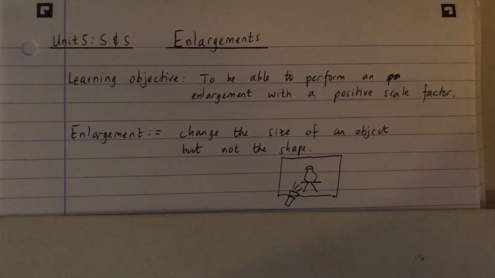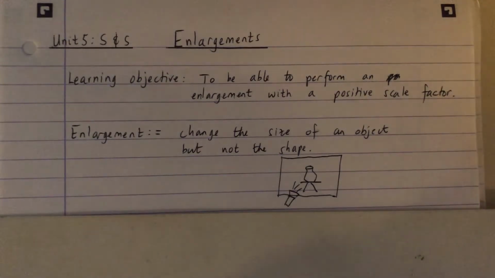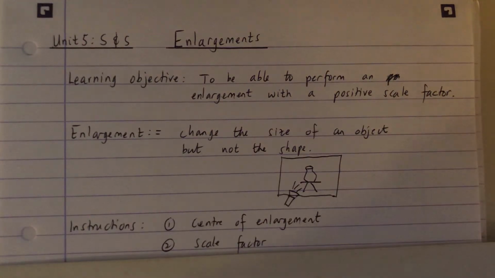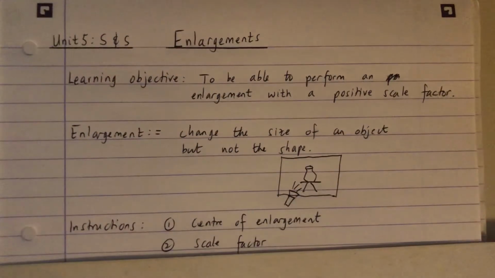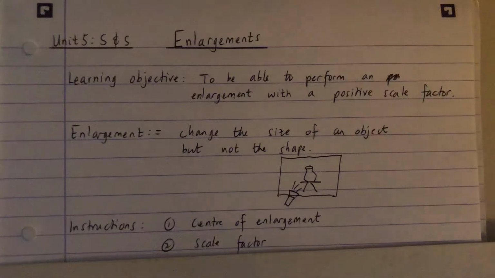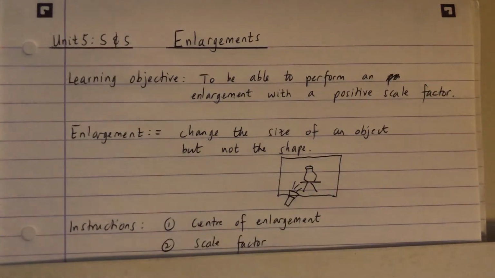So we are going to consider the maths equivalent of this, where you've got a shape to enlarge, and we have the maths equivalent of a torch, called a centre of enlargement. So the instructions for an enlargement are the centre of enlargement, so that's effectively where the torch would be, and also the scale factor, which is how big the object is going to become.